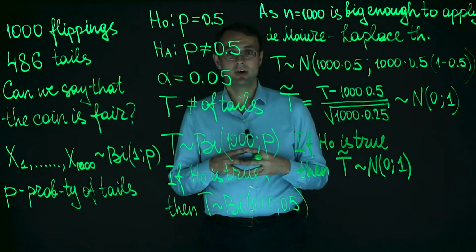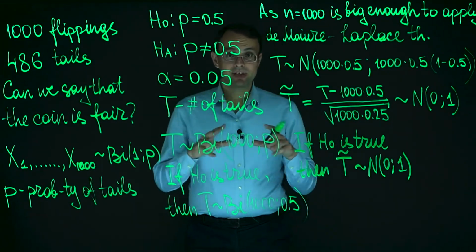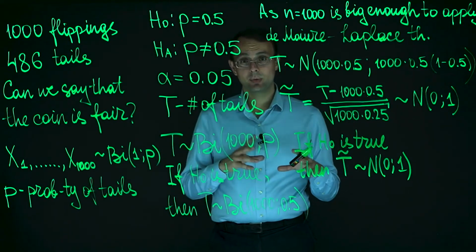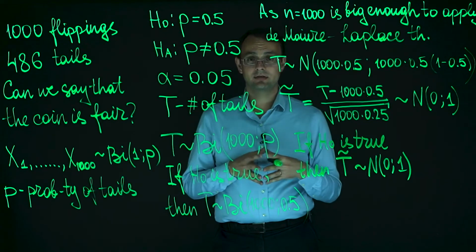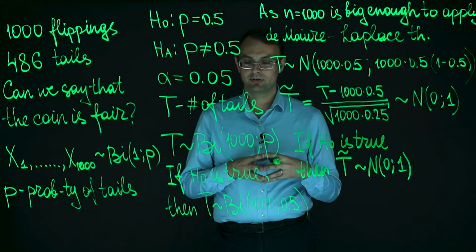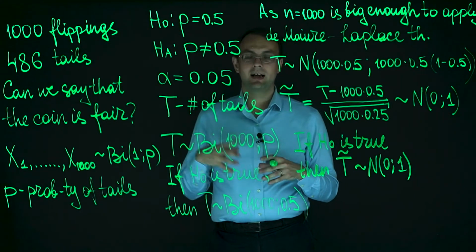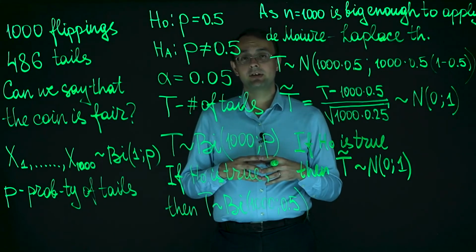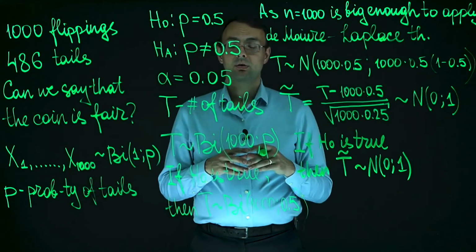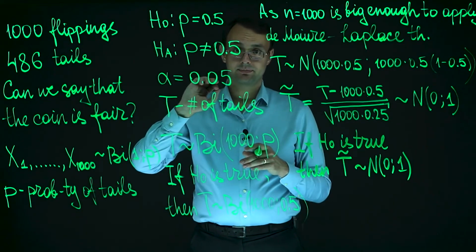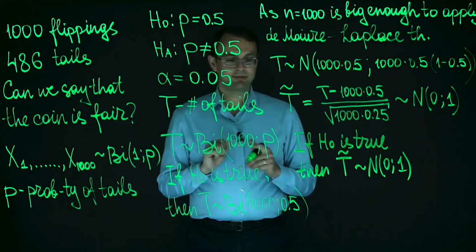Do we have a two-tailed critical region, or just one-tailed, left-sided or right-sided critical region? So how can we find this? Actually, it depends on the alternative hypothesis. So let's have a look.